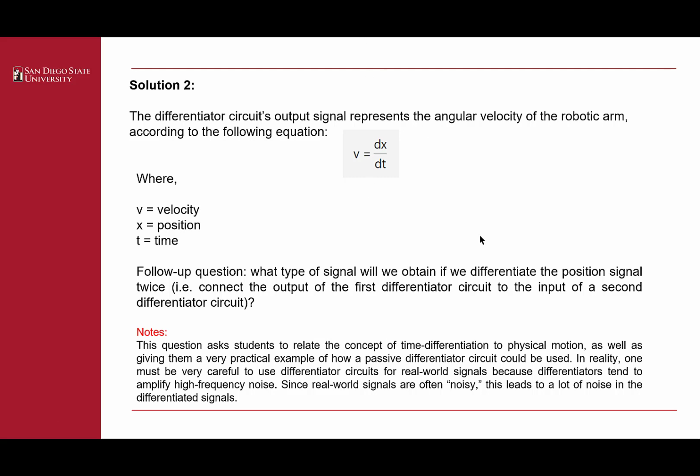This question asks us to relate the concept of time differentiation to the physical motion, as well as gives us a very practical example of how a passive differentiator circuit could be used. In reality, one must be very careful to use differentiator circuits for real-world signals and applications because differentiators tend to amplify high-frequency noise.